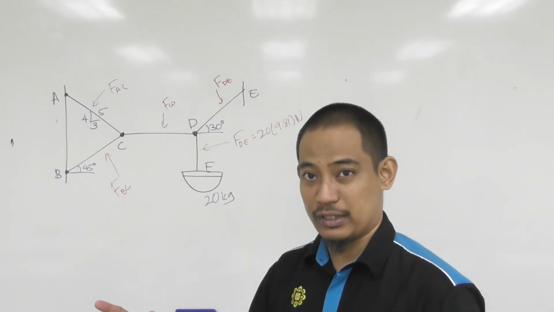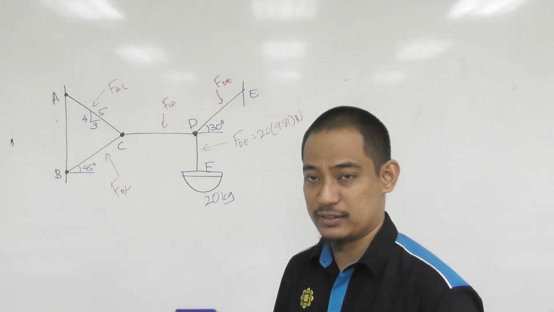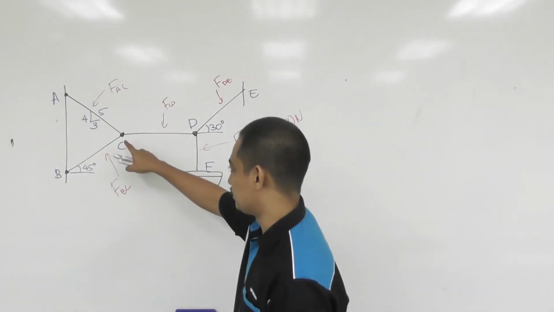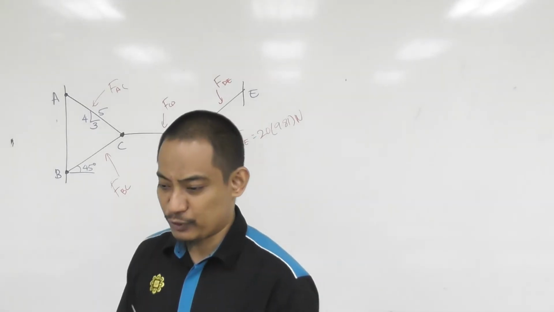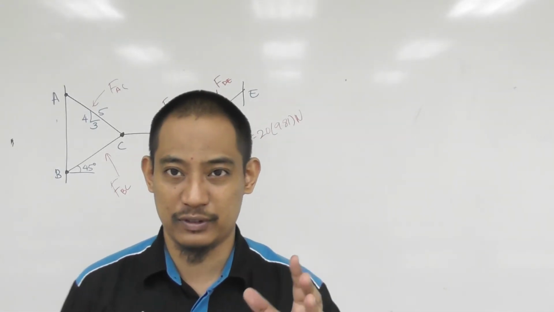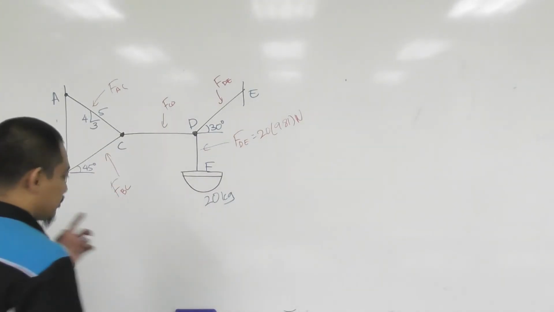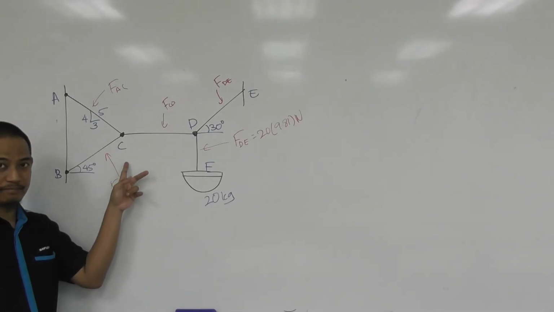Okay, that's number 1. So you have 2 free body diagrams to do. The question is, when we have a problem like this, where to start, because you can start at this free body diagram or at the other one. So before you start anything, you should think first which option you should take. Should I start with the free body diagram of point C?